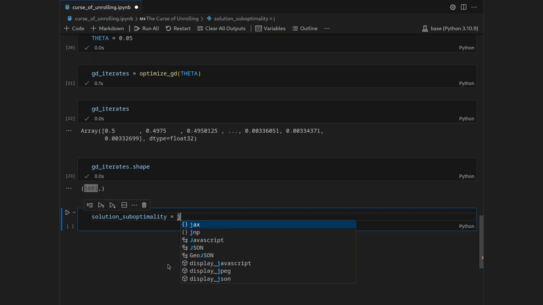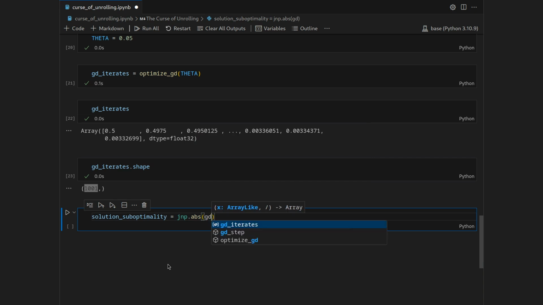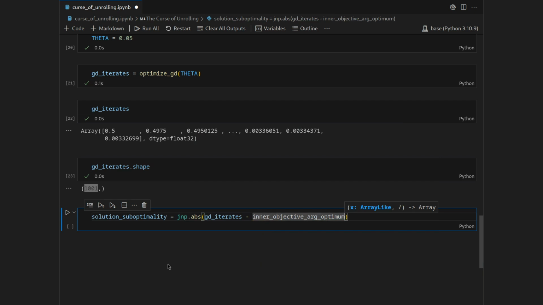For this we will say jnp.absolute for taking the absolute value of the GD iterates minus the inner objective arg optimum, and we plug in theta. So this basically produces the scalar optimum value, and then we have an element-wise subtraction from the iterates and take the element-wise absolute.